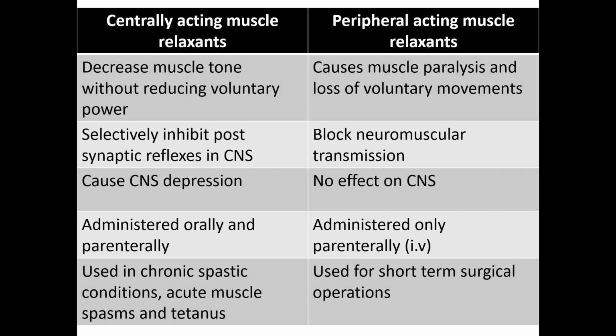The second feature is that centrally acting drugs selectively inhibit postsynaptic reflexes in the CNS, whereas peripherally acting muscle relaxants block neuromuscular transmission. The centrally acting drugs can cause CNS depression, whereas peripherally acting drugs do not cause CNS depression. Why? Because they do not cross the blood-brain barrier.